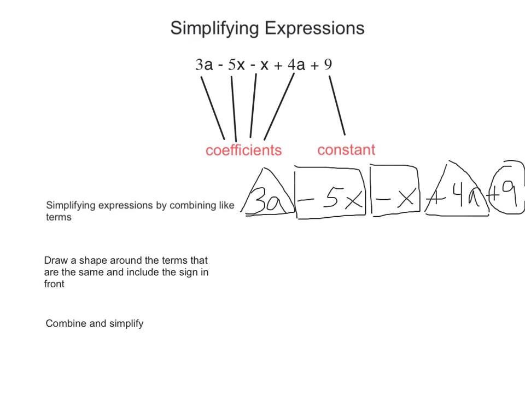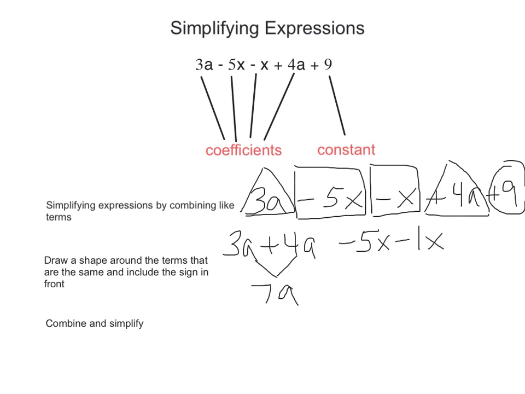Next, I'm going to combine the shapes that are the same. So notice I have 3a plus 4a, and I have negative 5x minus 1x. 3a plus 4a is 7a.